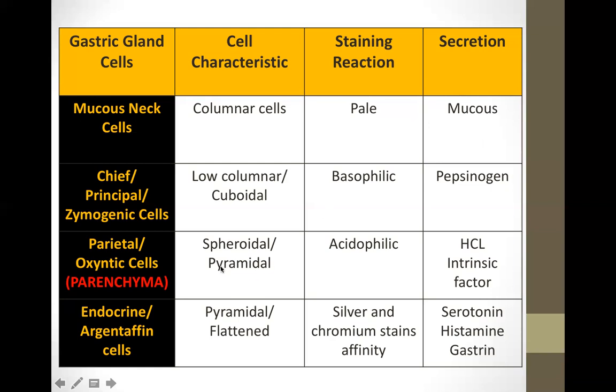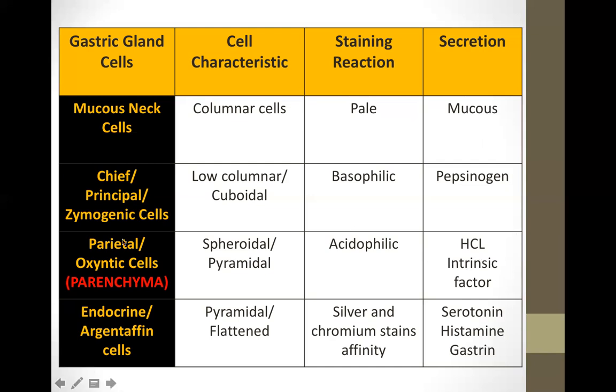Okay? What about the parenchyma? Your parenchyma, they are described as being pyramidal or spheroidal. They are red, meaning they are acidophilic. And they secrete the following secretion. Hydrochloric acid is 1, and number 2 is the intrinsic factor. Okay? Tandaan nyo yung mga secretions and staining reactions.